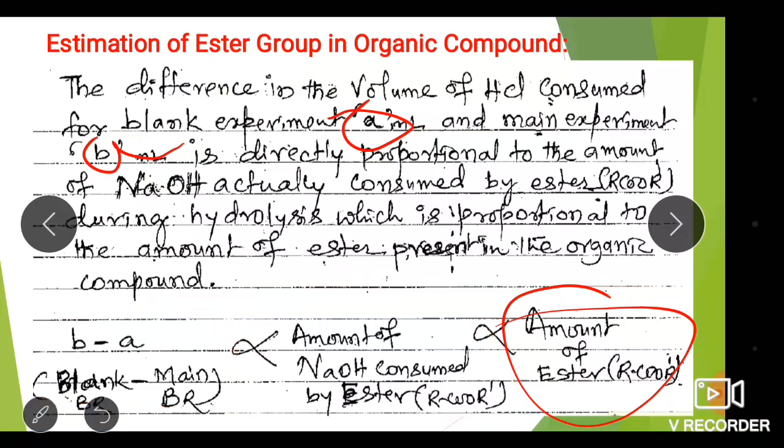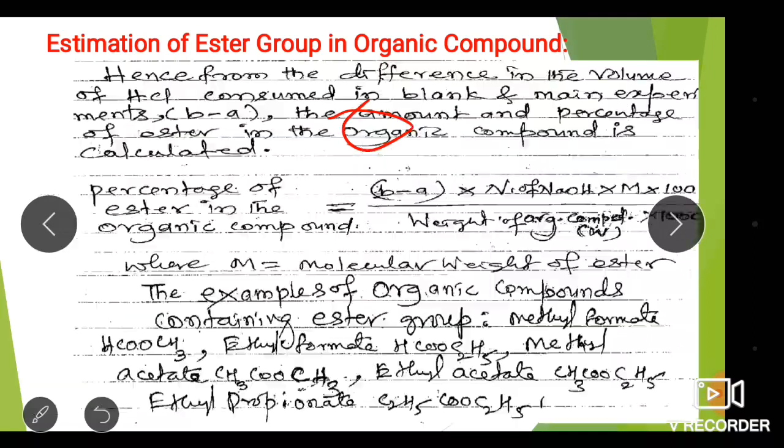So this is about how you estimate the ester group present in the organic compound. The next one is the formula for the calculation, that is percentage of ester group in the given organic compound. Hence, from the difference in the volume of HCl consumed in the blank and main experiments, B minus A, the amount and percentage of the ester in the organic compound is calculated.